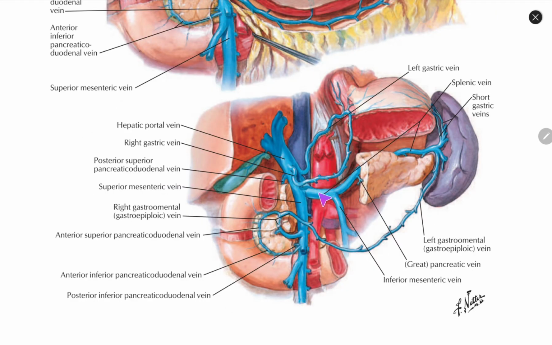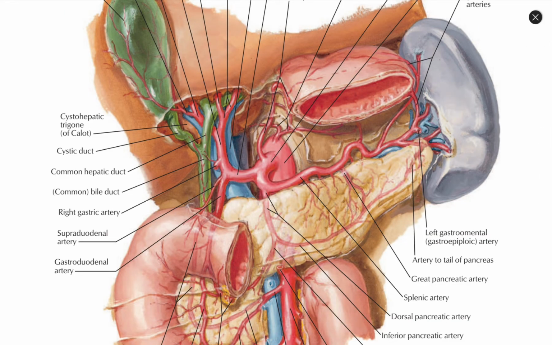The veins drain into the splenic vein, superior mesenteric vein, and the portal vein. The lymphatic drainage is the pancreaticosplenic lymph node, celiac lymph node, and the superior mesenteric lymph node associated with their arteries. Now about the nerve supply of the pancreas. Parasympathetic is by the vagus nerve, and sympathetic is by splanchnic nerves.